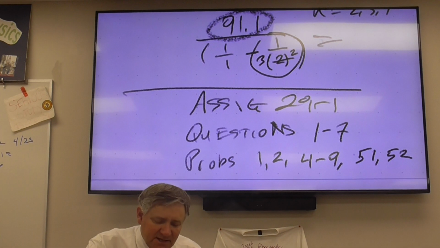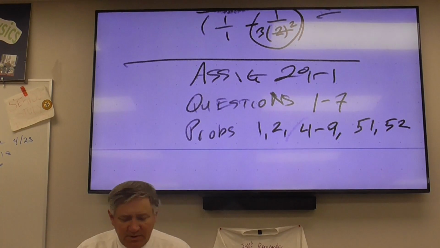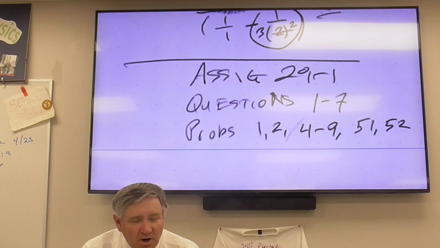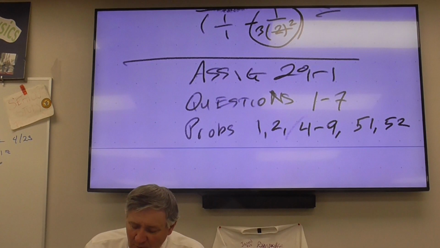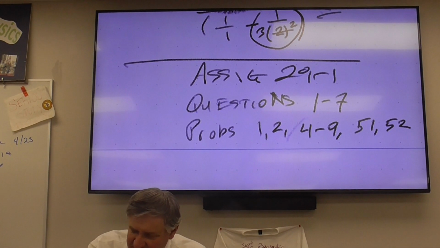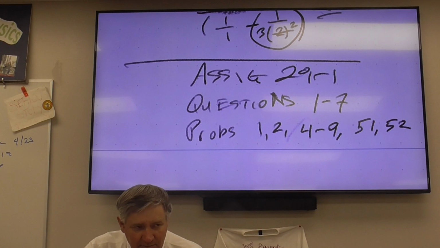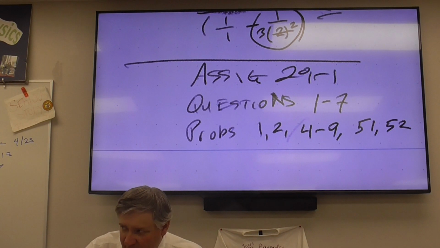This will make sense when you get to problem number 4. When you get to problem number 4, you have to list out the number of electrons, protons, and neutrons. Do not write random numbers and expect I know what they're going to be.